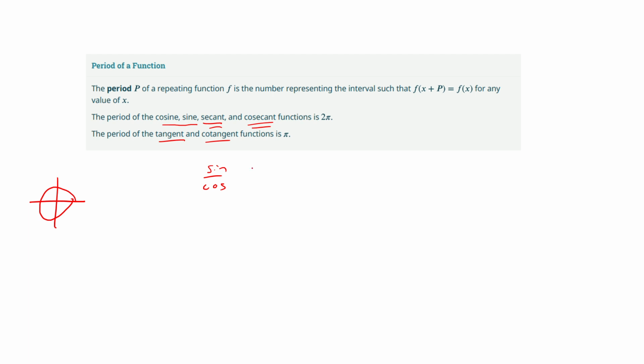And just because of what's happening with sine and cosine and the signs, the way they keep canceling each other out, tangent repeats itself sooner. It only takes a half trip around the unit circle to begin repeating. Tangent is obviously based on cotangent, or the other way around, cotangent is based on tangent, so both of those repeat halfway around, just with pi.